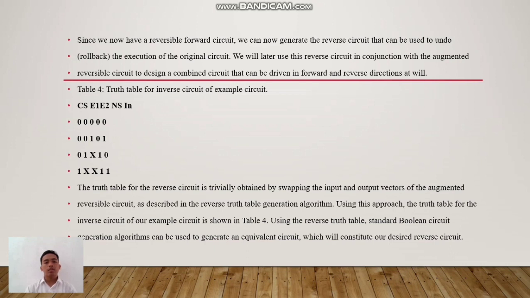Using this approach, the truth table for the inverse circuit of our example circuit is shown in Table 4. Using the reverse truth table, standard Boolean circuit generation algorithms can be used to generate an equivalent circuit which will constitute our desired reverse circuit.